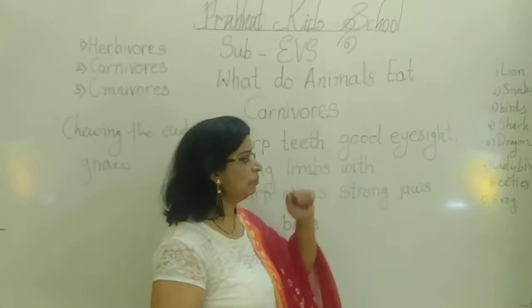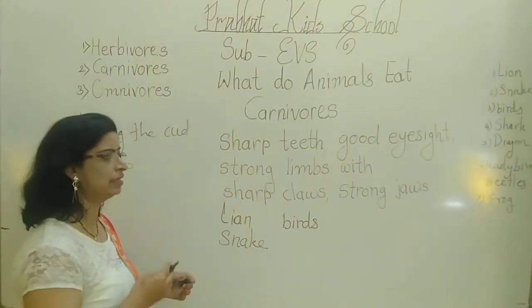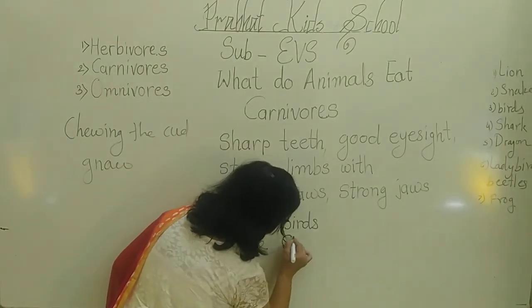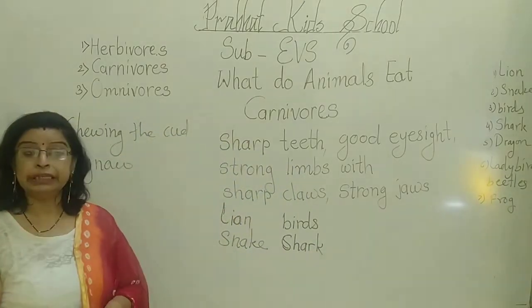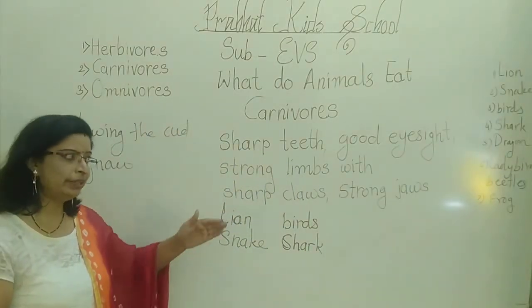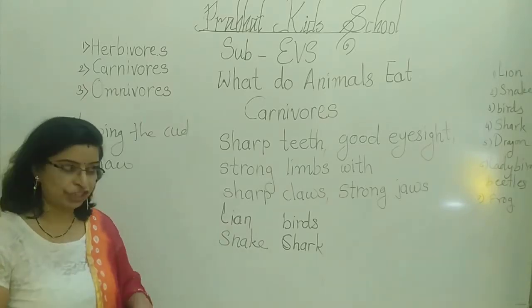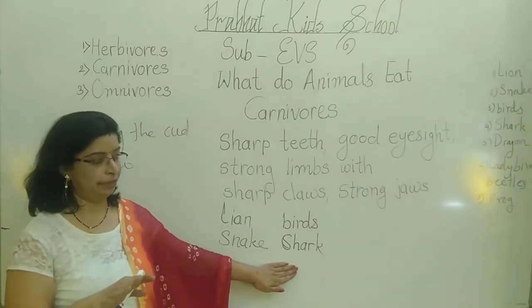Now some fishes, some fish like shark. Shark is one of the carnivorous. They always live in the water, so they eat water animals. Some small fish also they eat. They also swallow it.